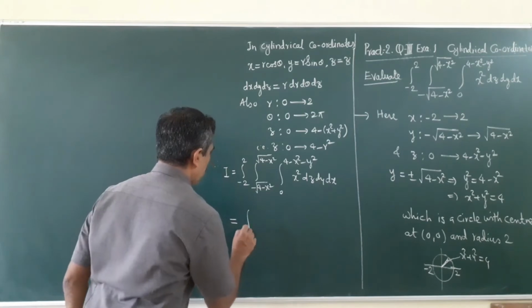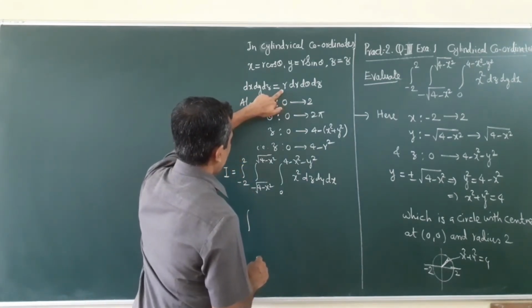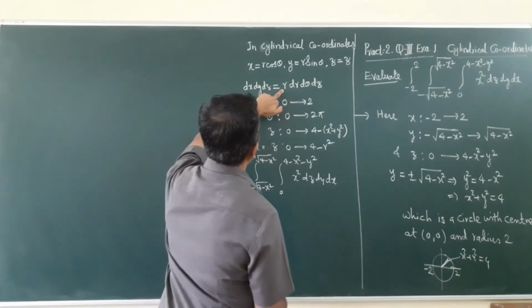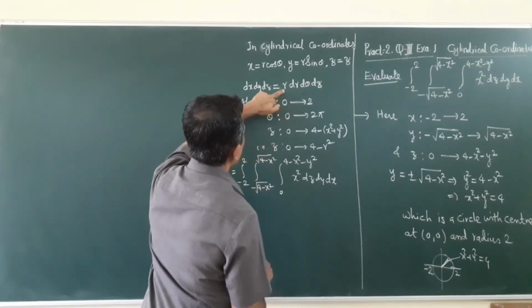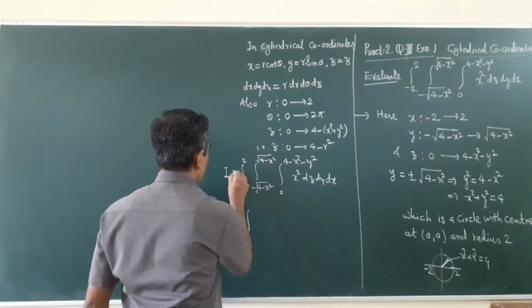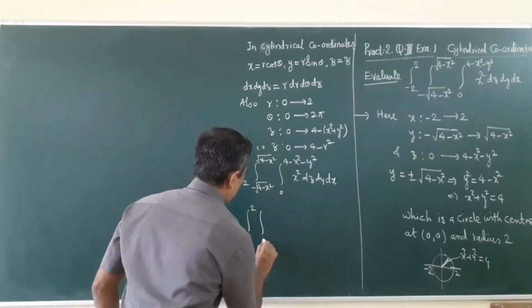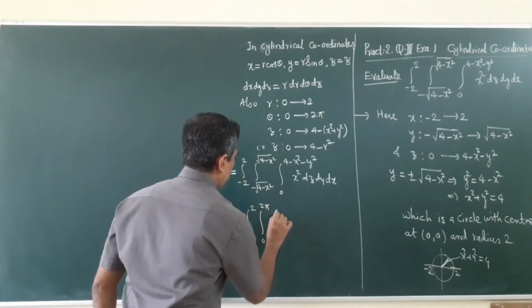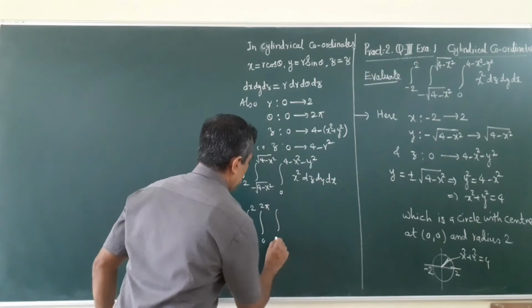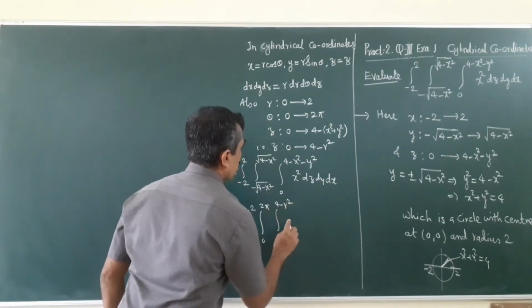First of all, we will put the limits of r outside. Limits of r are 0 to 2, then limits of theta are 0 to 2 pi, then limits of z are 0 to 4 minus r square.